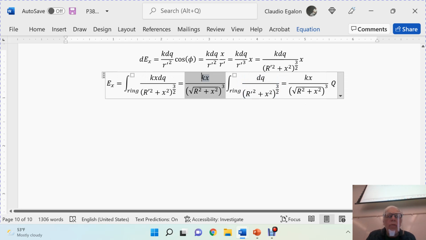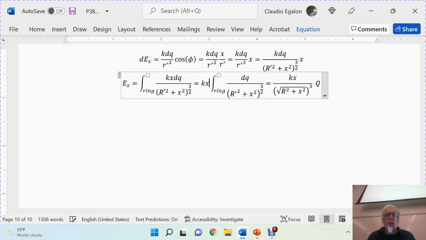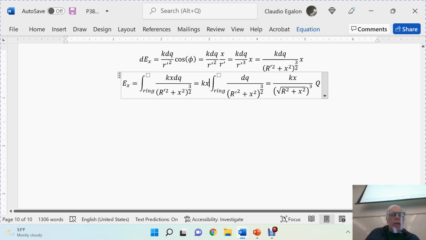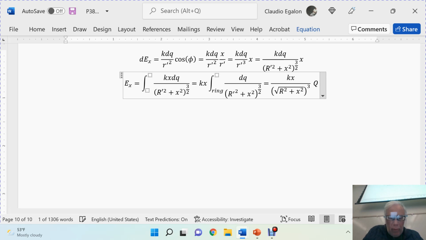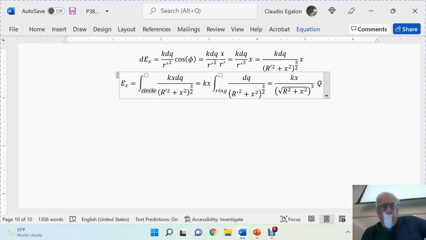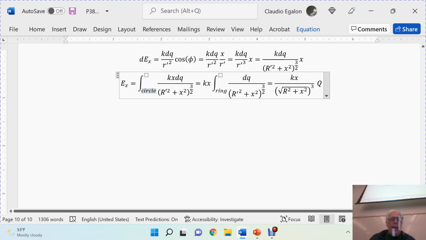K is a constant, X is a constant. And now we are no longer integrating the ring, we are integrating on the circle. Okay, and next step, circle, circle.